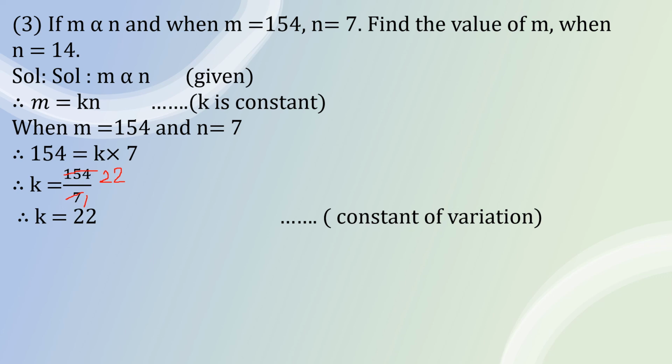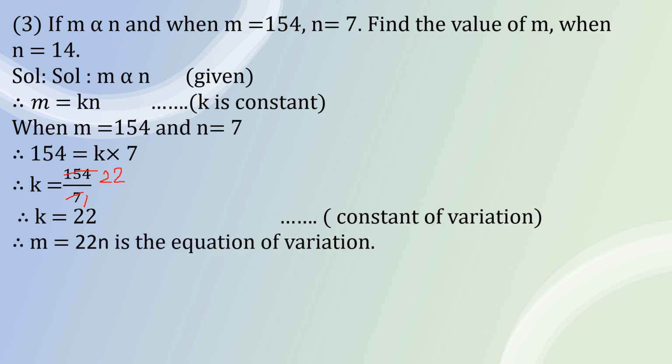Now we'll write down the value of the constant in our equation. So what will it become? The equation of variation: therefore m equals 22 into n, that is 22n, is the equation of variation. Now we'll use our equation of variation and find out the value of m when n equals 14. So students, now n equals 14 is given.